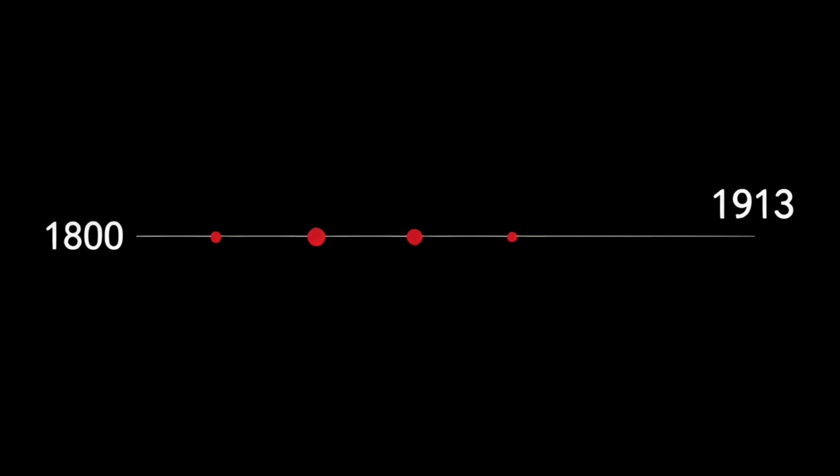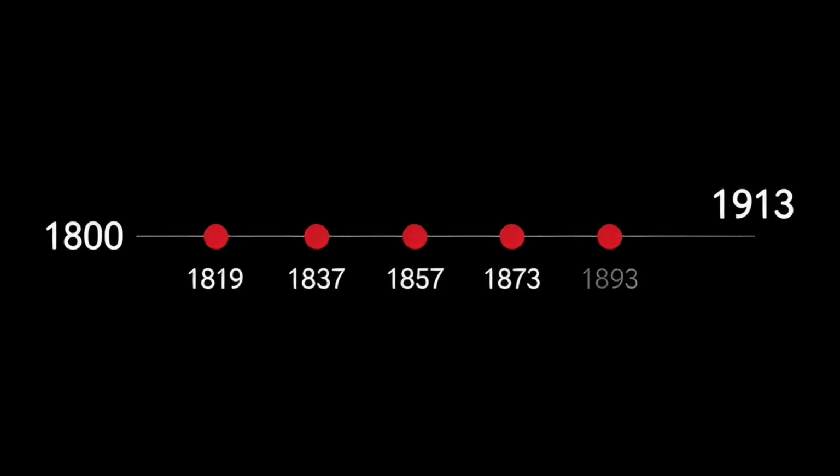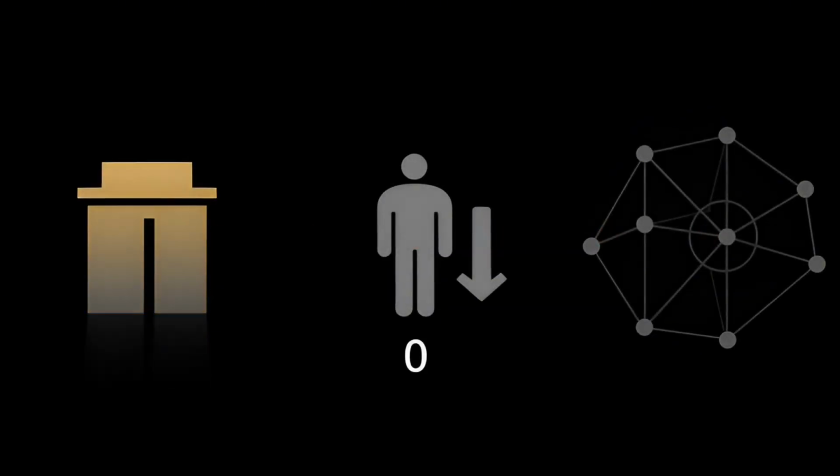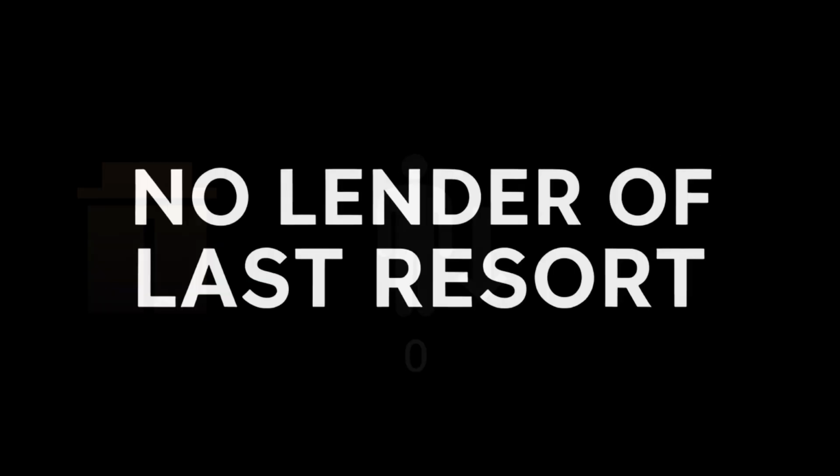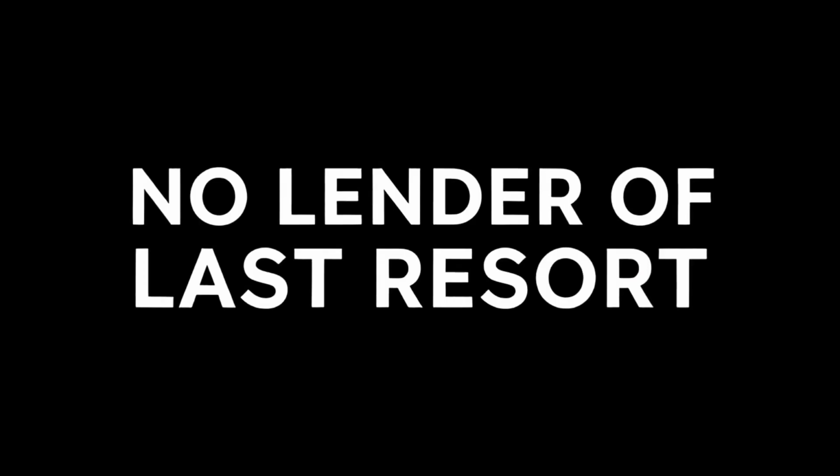When a panic occurred, and panics occurred regularly throughout the 1800s, there was no institution capable of injecting liquidity into the system. Banks failed. Depositors lost savings. Commerce seized up. The system had no lender of last resort.